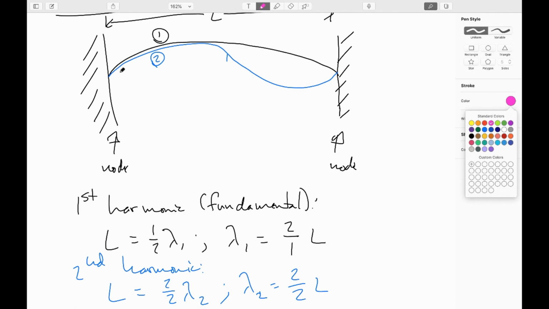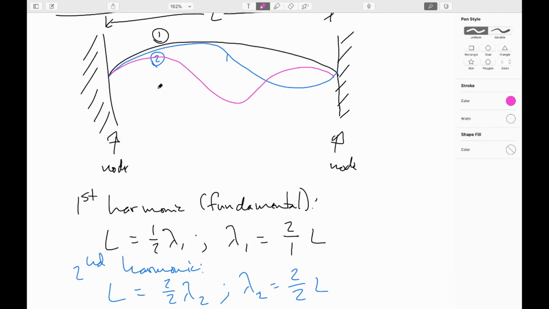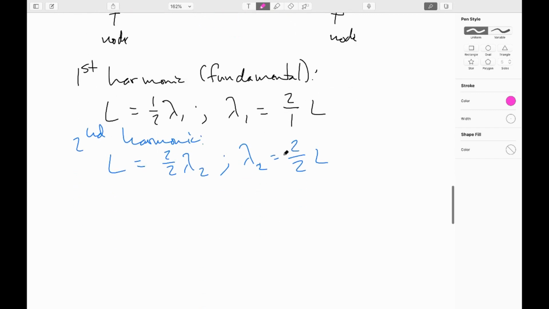Well, what's the next choice we could imagine? Well, the next choice we could imagine is sticking in 3 loops, like so. So we'd end up having a node here and a node here, in addition to the nodes at the end. So then the third harmonic, we can observe there that the length of the string would be 3 loops at that frequency, and each loop is half a wavelength.